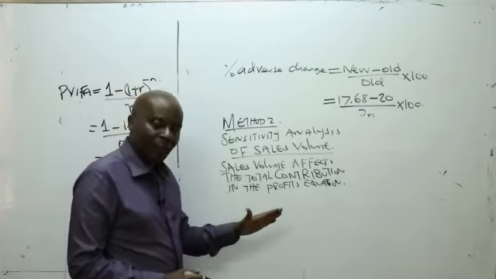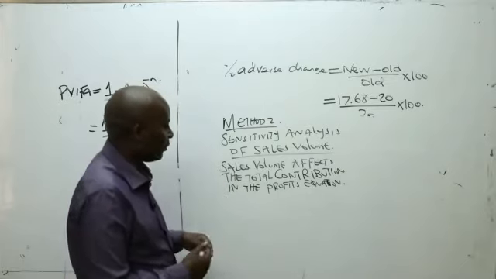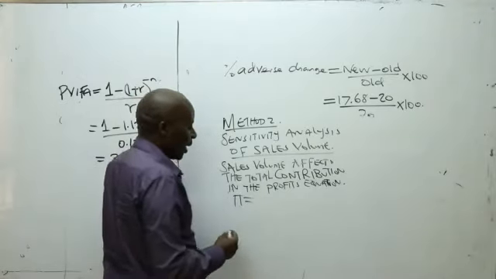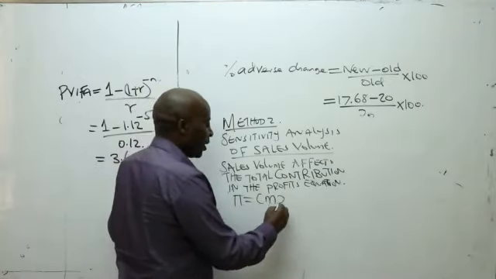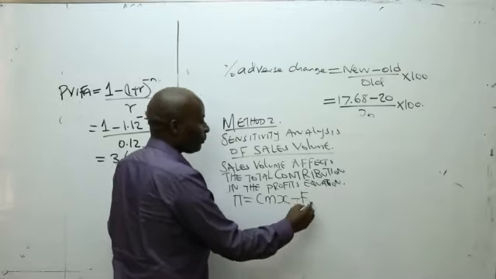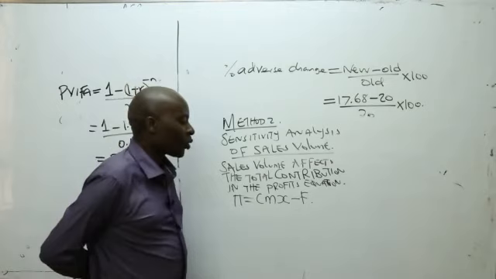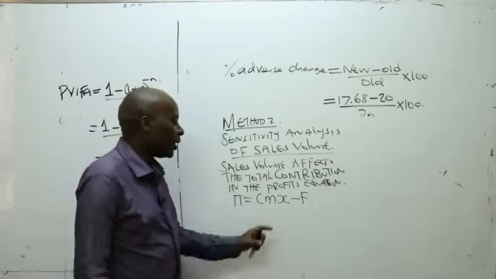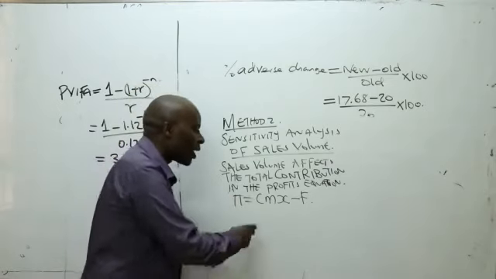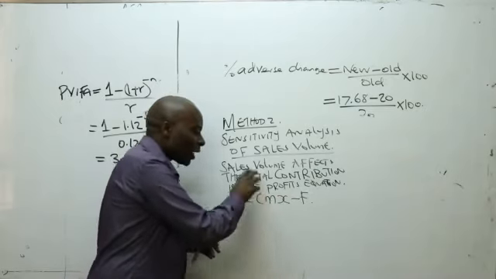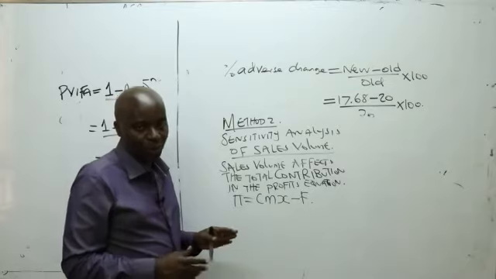What do you mean, Mwalimu, by this? Just something very simple. My profit here will be given by CMX minus fixed costs. Meaning that in this profits equation, the number of units sold can only affect our total contribution.